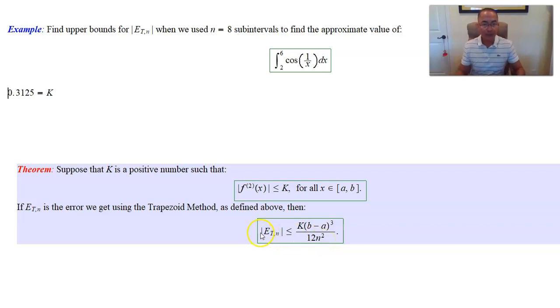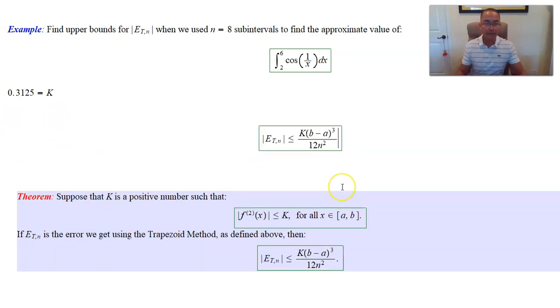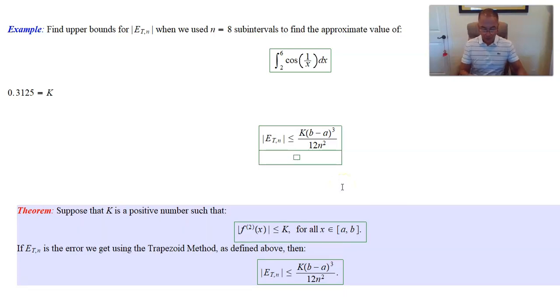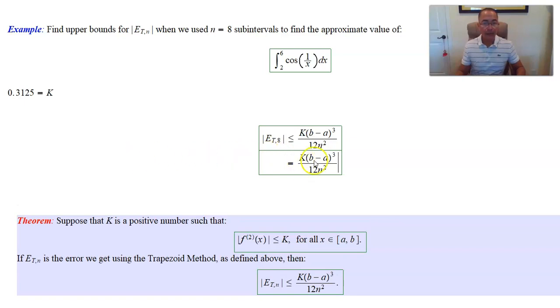All right, so we are ready. Copy this formula. Let's move it up here. What do we have in this formula? We know that n is 8, so let's change that 8. And we know that our k is 0.3125 because we worked for it using the triangle inequality and other tricks.